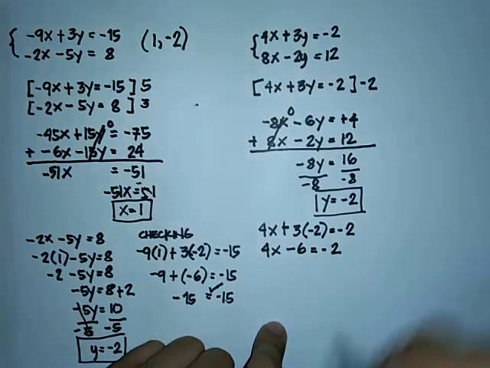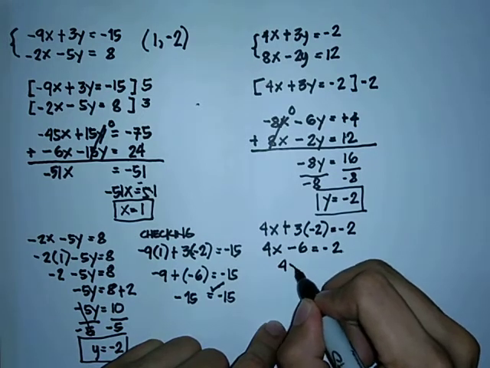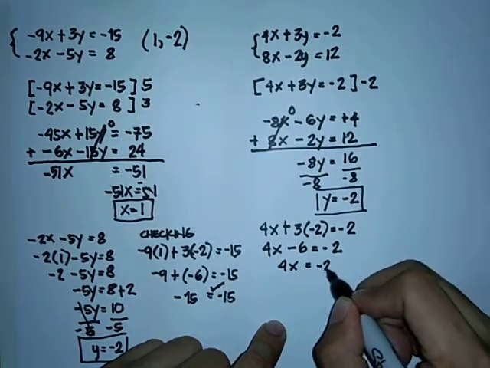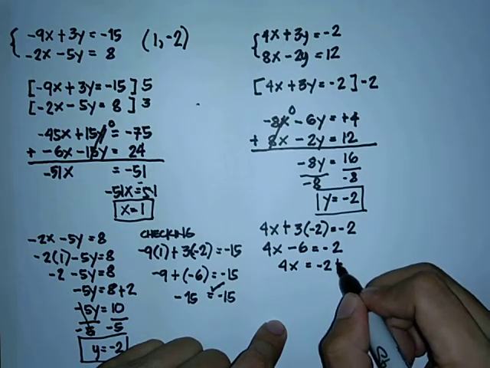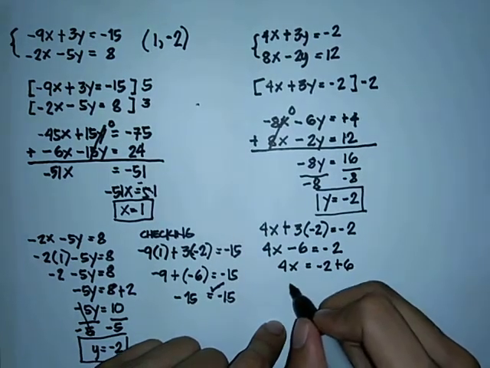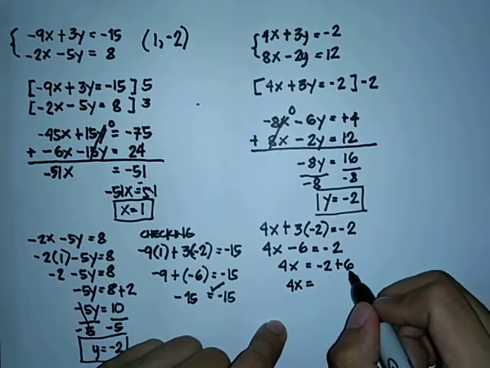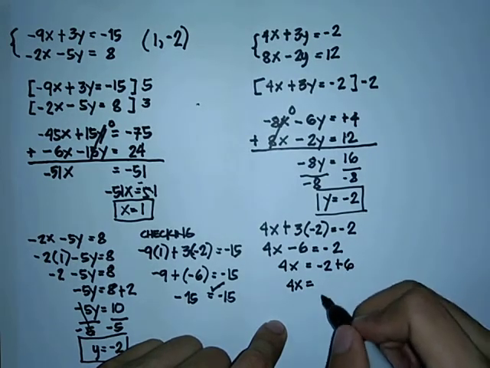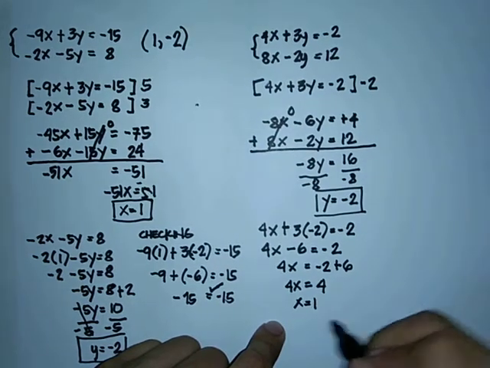Next is to transpose yung ating negative 6 sa kabila. So we will have 4x is equal to negative 2. Negative 6, we transpose, that will be positive 6. And then we have 4x is equal to negative 2 plus 6, that is equal to 4. And our x is equal to 1.